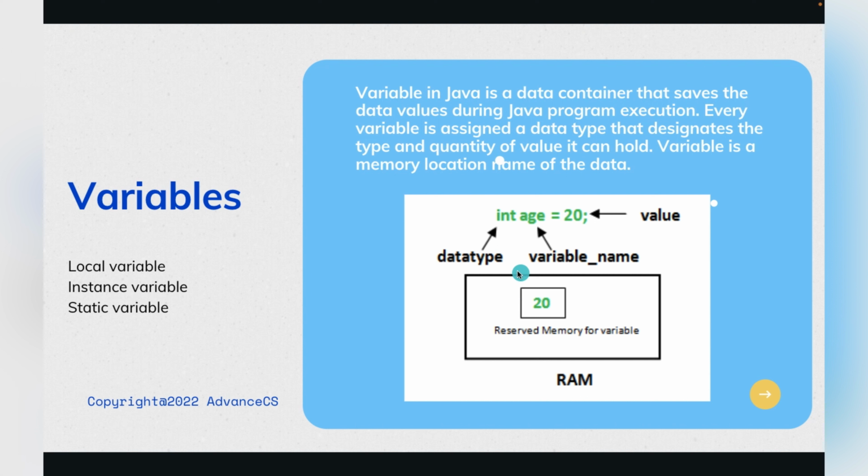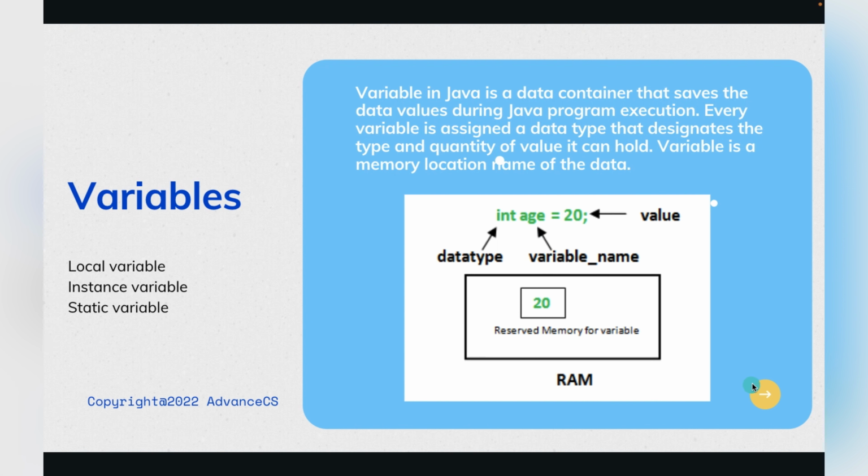In the variables you can see we have int age = 20; semicolon. The first part, int, is the data type; it tells which type of data you are going to initialize. Age is the variable name, and the name should tell what type of data it holds. 20 is the actual value stored in the variable age.